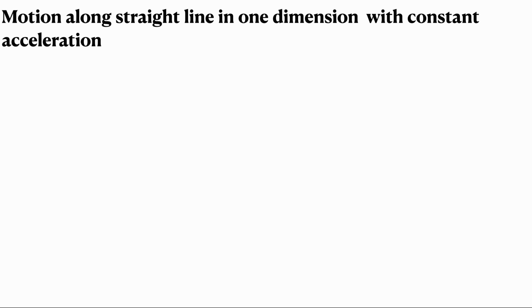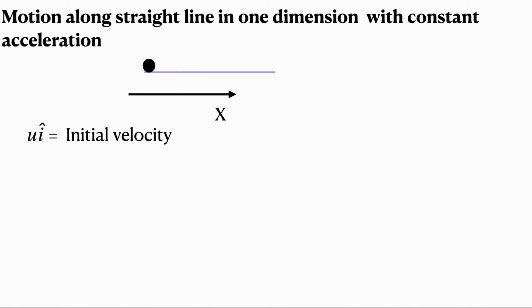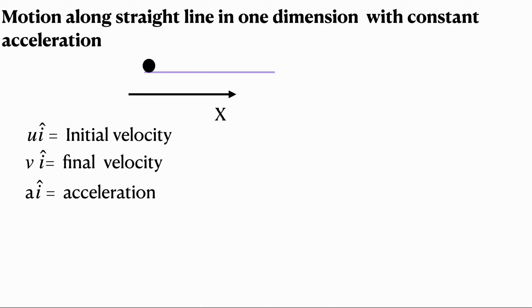Let's discuss motion along a straight line in one dimension with constant acceleration. A particle is moving along a straight line in one dimension with constant acceleration. We have assumed that the direction of motion is along the positive direction of the x-axis. In such a scenario, we can assume the vectors u and v are along the x direction, and acceleration is also along the x direction.